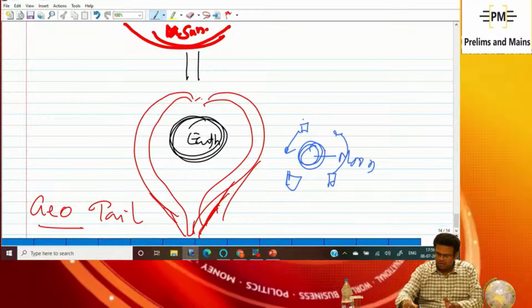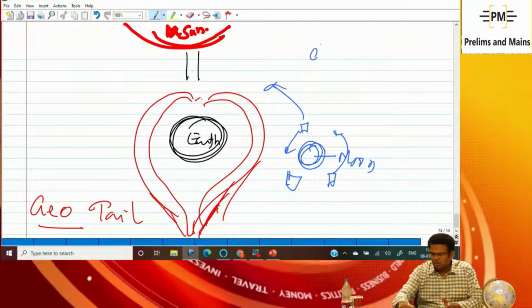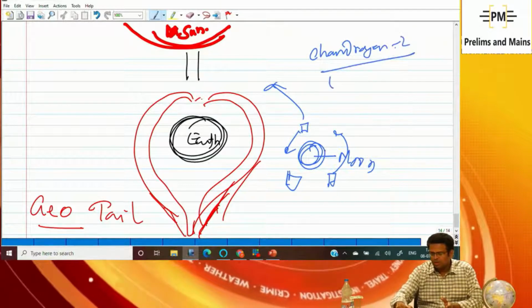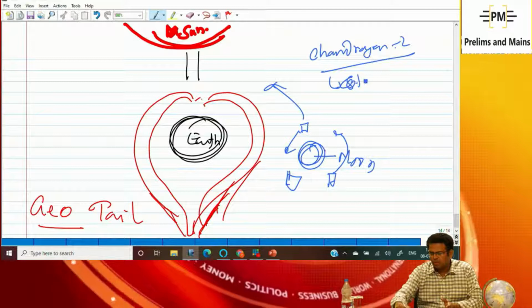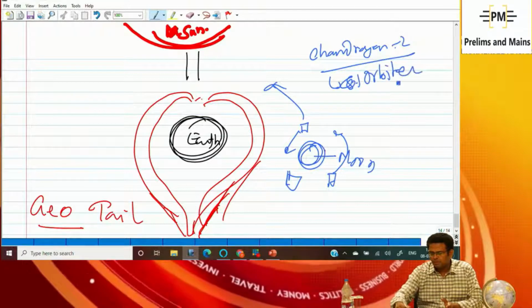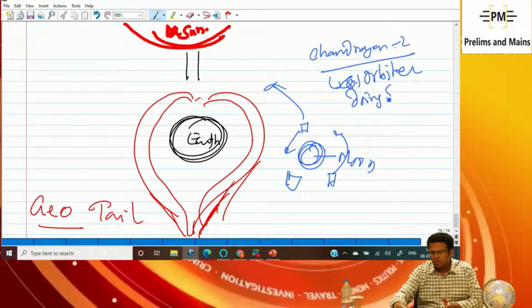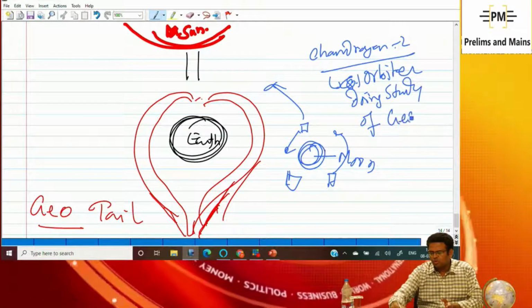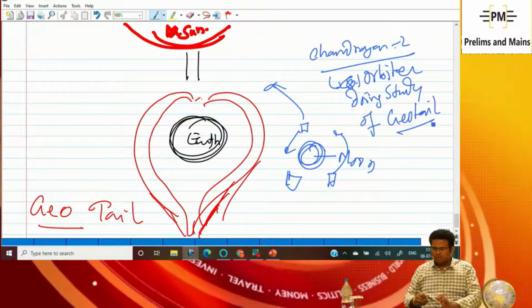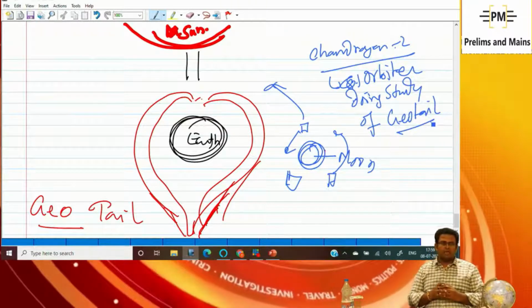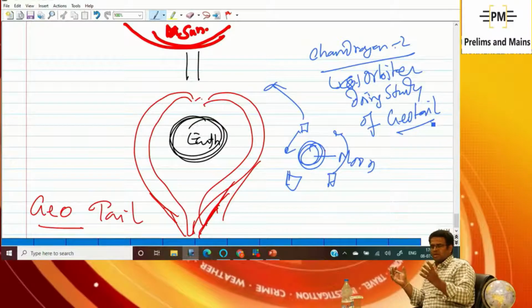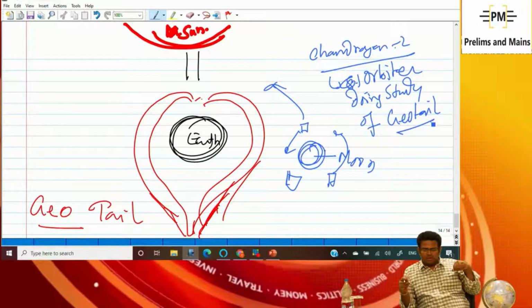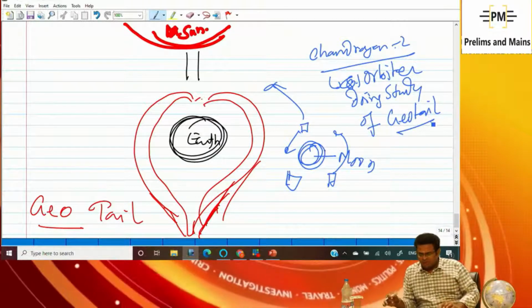The Chandrayaan 2 orbiter is doing a study of the geotail. The magnetosphere around the Earth has to be studied by the orbiter.